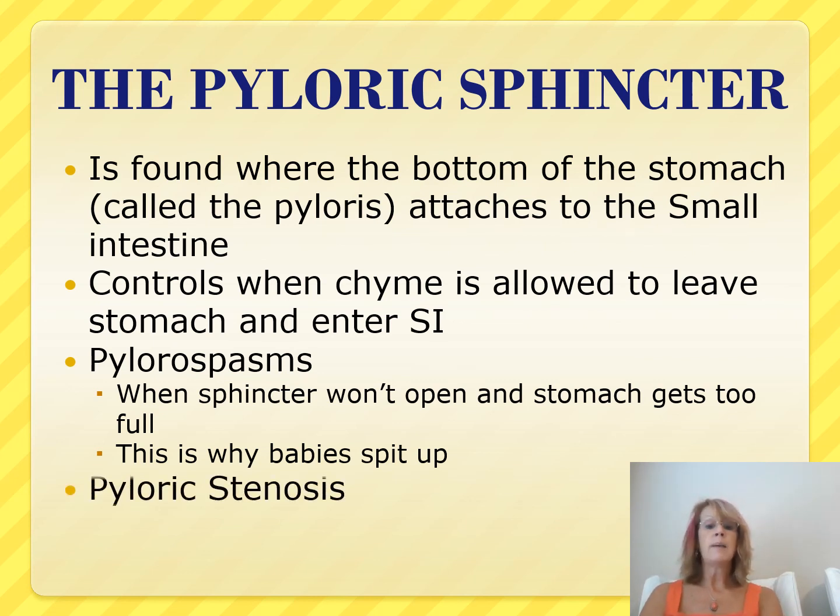Now, something that will happen to all of us as we get older is called pyloric stenosis. The pyloric sphincter is a smooth muscle. But like a rubber band, over time, it's not as strong. And so in the case of pyloric stenosis, as we get older, our doors are going to get a little weak.